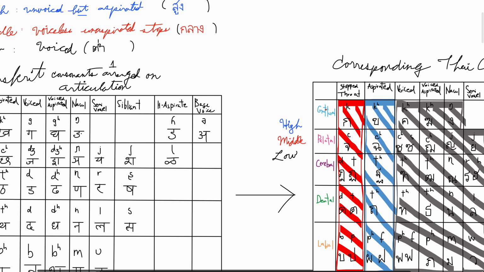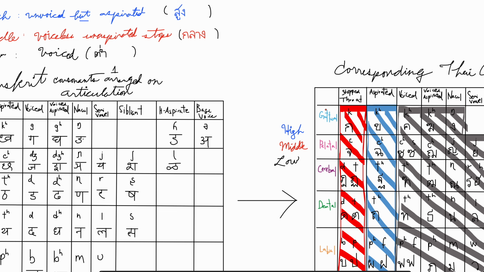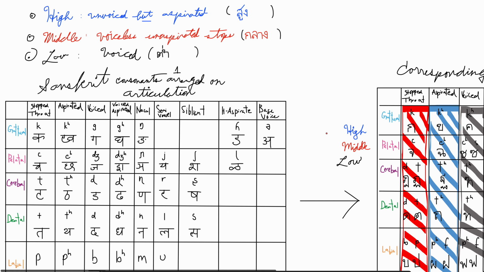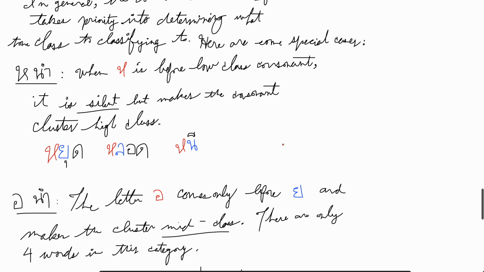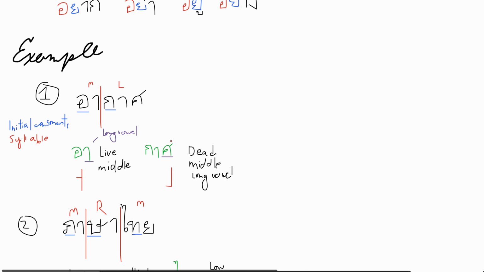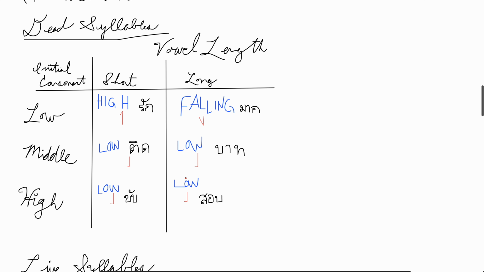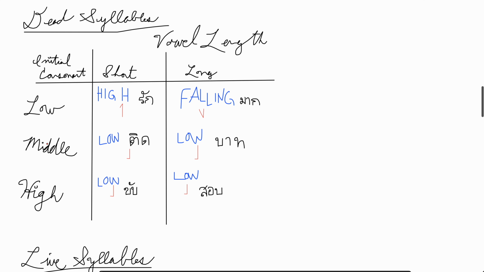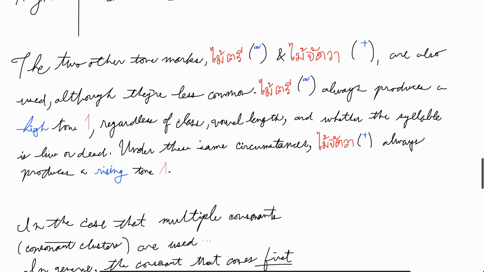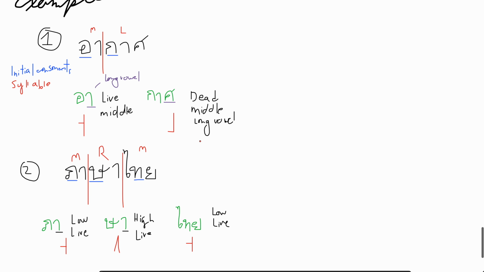It historically was a voiceless, unaspirated stop in Sanskrit. Therefore, it's middle class in Thai. And it's a long vowel. So if you were to memorize the rules, it is middle and it's long. So it's low. Kad. So it would be pronounced akad.